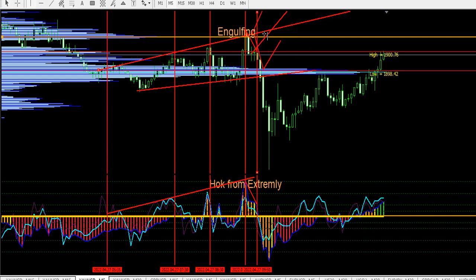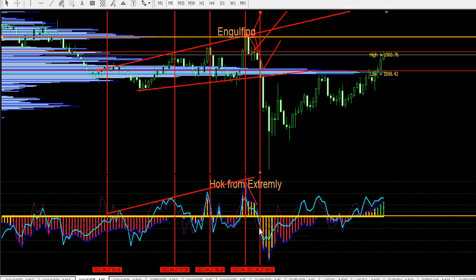Now we talk about this candlestick. It also tells you that it broke the volume profile, and the CCI also broke the line.